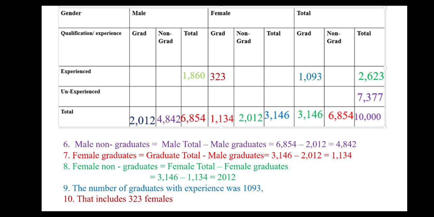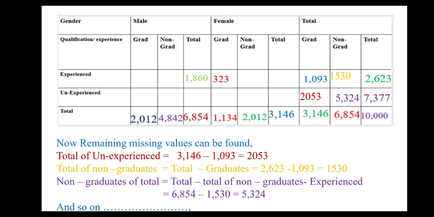Here you can check male total, graduate, non-graduate, then similarly female, in three parts: male, female, total. Individually, wherever two values are given, we can find out the other values. Likewise we can repeat, and the entire remaining values can be completed.